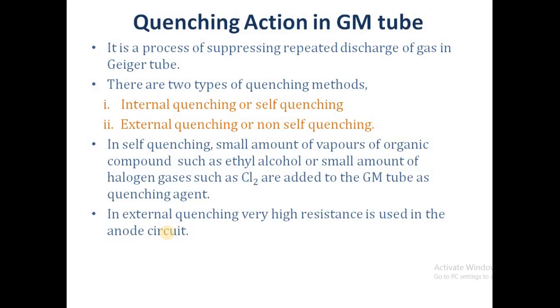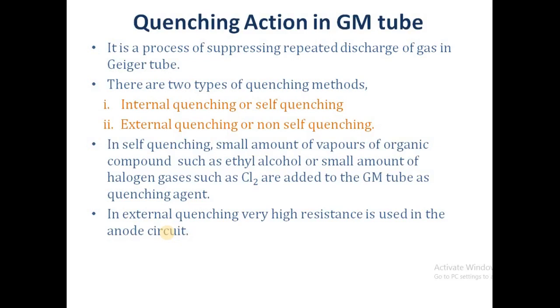quenching agent. In the case of alcohol quenched tubes, during the travel of positive ions of both the counter gas atoms and the organic molecules towards the cathode, the argon ions are neutralized by collision with the neutral alcohol molecules, which become ionized in the process.